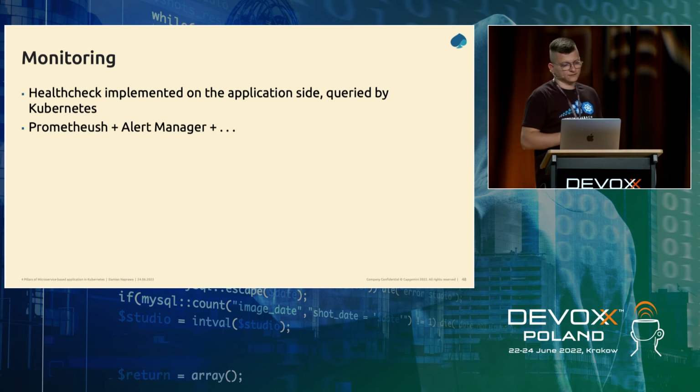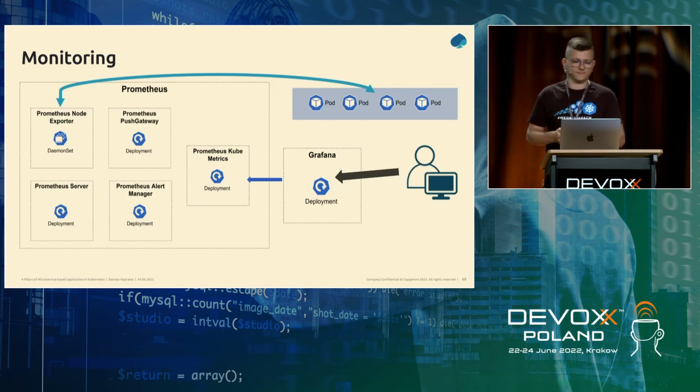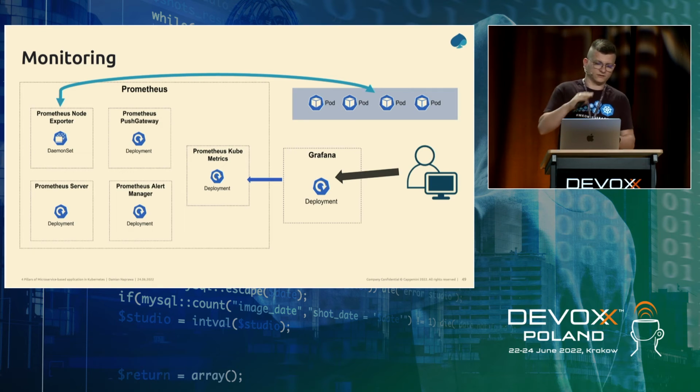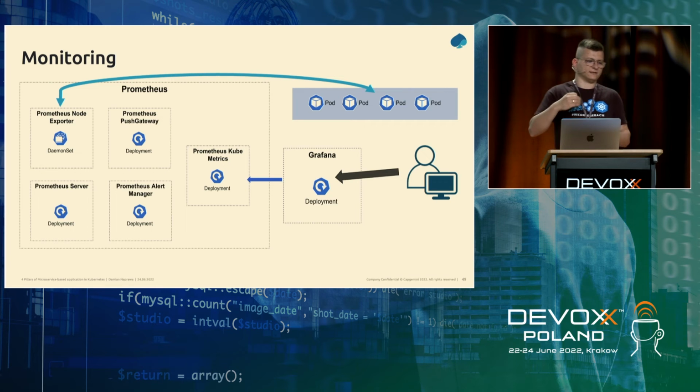So this is an important thing that each application should have those endpoints implemented during the design phase. And now we'll be using the Prometheus stack, so like Prometheus, Alert Manager, Grafana, and stuff like this. And the architecture looks more or less like this. On our cluster, we have the Prometheus node exporter, which works in a similar way to the Fluentd agent. It works on each worker node.